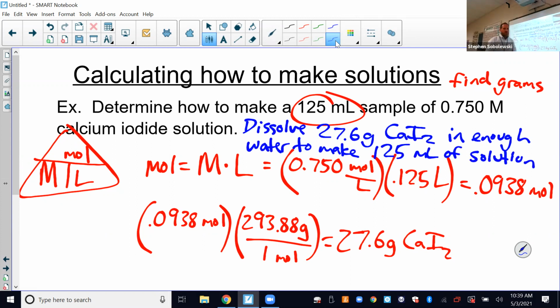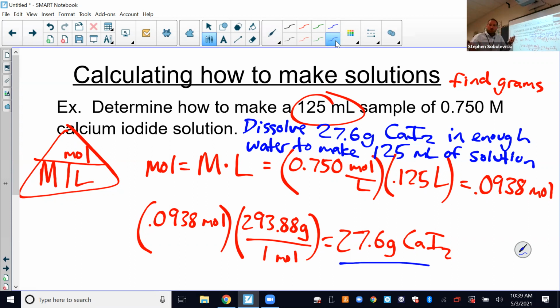And you might say, can't you just say dissolve that in 125 milliliters of water? It'll end up being very close to that. But since technically molarity is moles of solute divided by liters of solution, we want to make sure we're clear that it's that many milliliters of solution. It's just the proper way to phrase this.